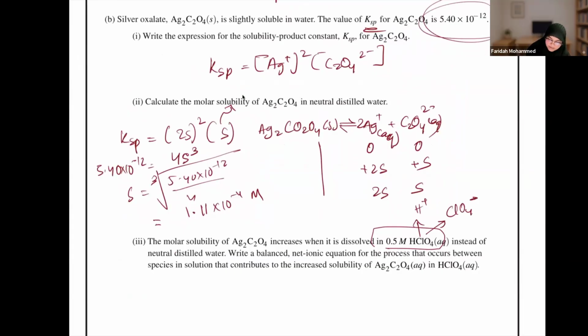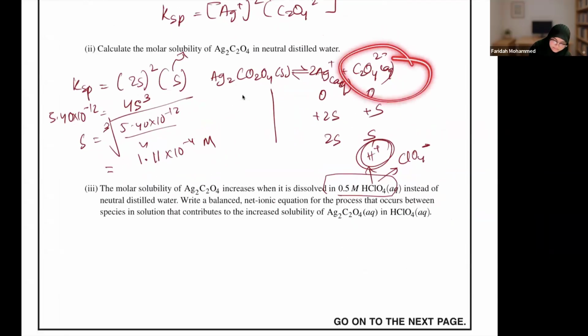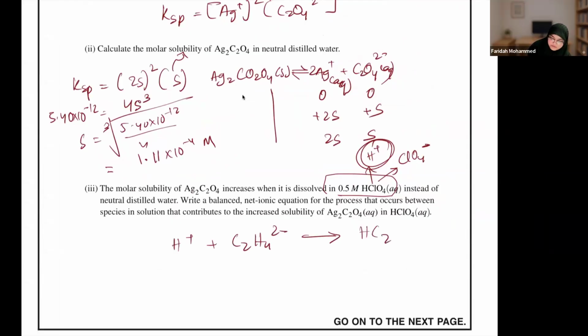And the H plus is going to react with the C2O4 2 minus. So H plus plus C2O4 2 minus becomes HC2O4 minus. If you have this, you're good.